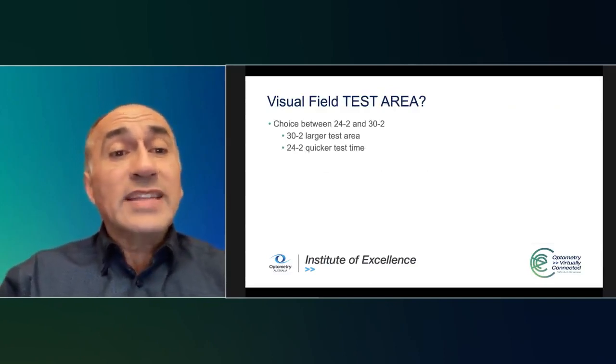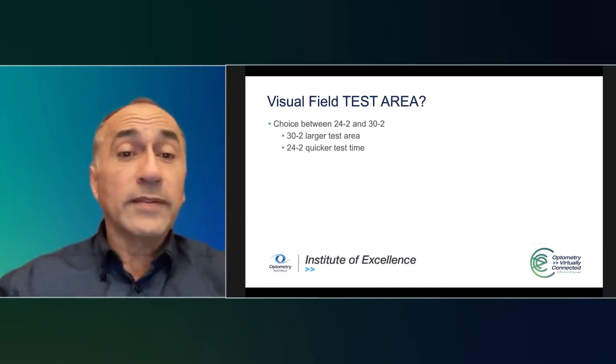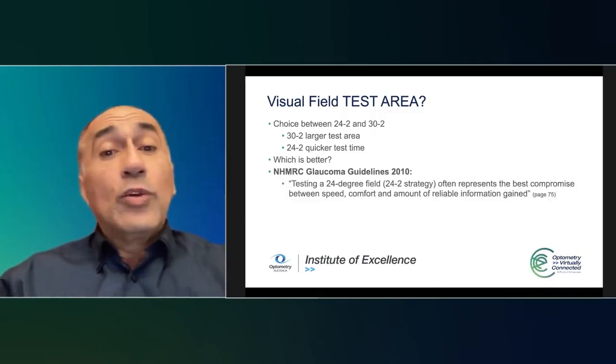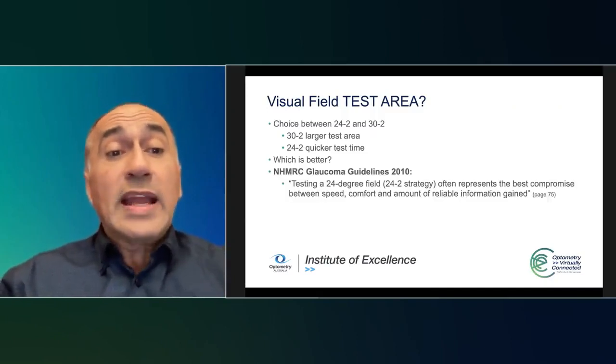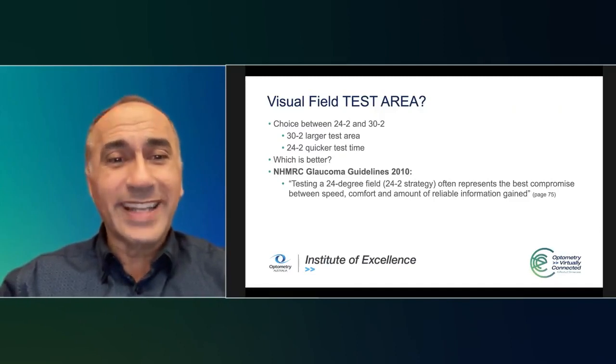So most practitioners end up picking between a 24 or a 30-2 visual field. So which of those is better? Looking into all the published research, the NH and MRC consensus guidelines said that testing a 24-degree field often represents the best compromise between speed, patient comfort, and amount of reliable information gained.